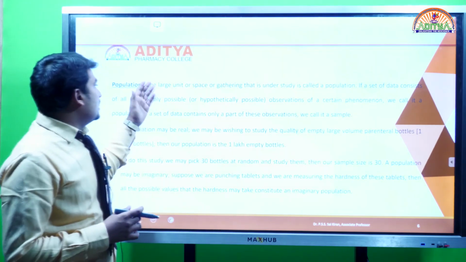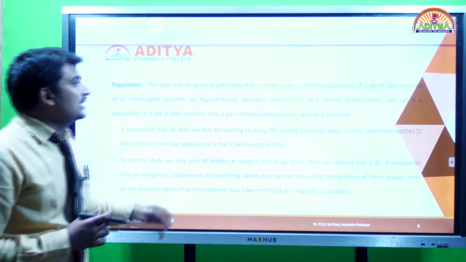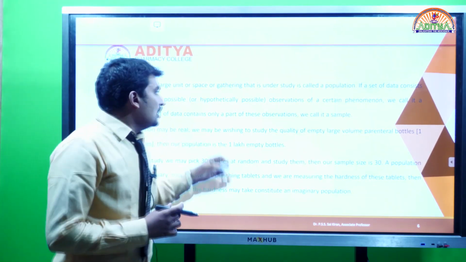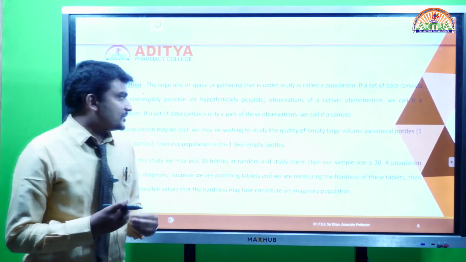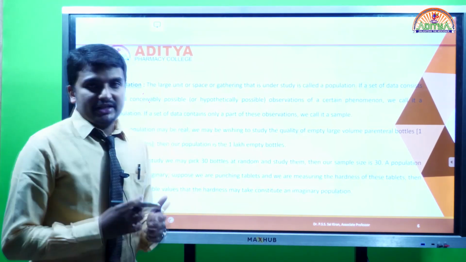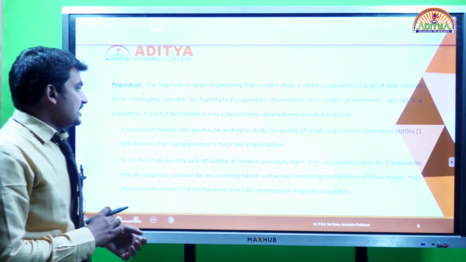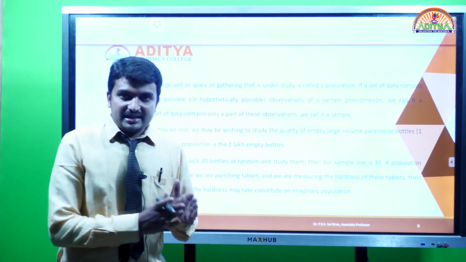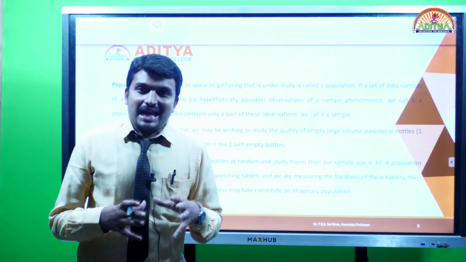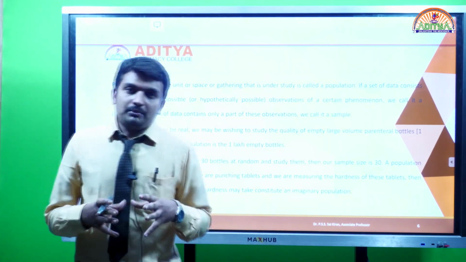If a set of data consists of all conceivable, possible or hypothetically possible observations of certain phenomena, we call it a population. If a set of data contains only a part of these observations, we call it a sample. So the population contains various samples, and the sample is a constituent of a population.